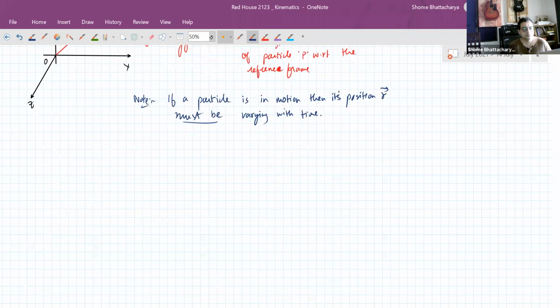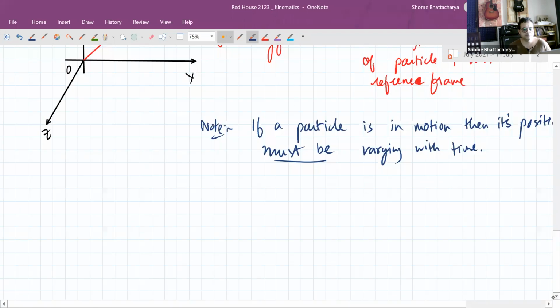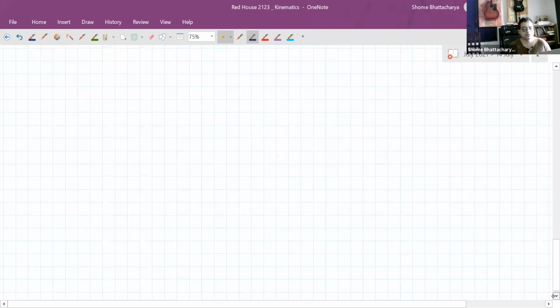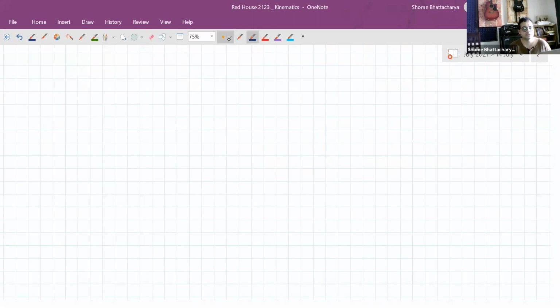Now, having understood position, next, assuming the particle is in motion, the position is going to be changing. The first important parameter about the changing position or about the motion is the displacement, as you know. There's also, of course, distance, and that's a little more complicated. We'll come to that later.